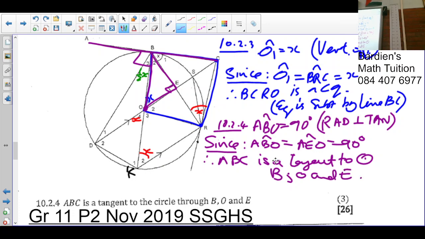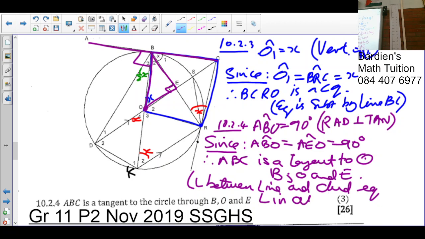Because you either write the converse of the tangent theorem, or angle between line and chord equals angle in the alternate segment. And that is the proper reason for the converse of the tangent theorem. Okay?